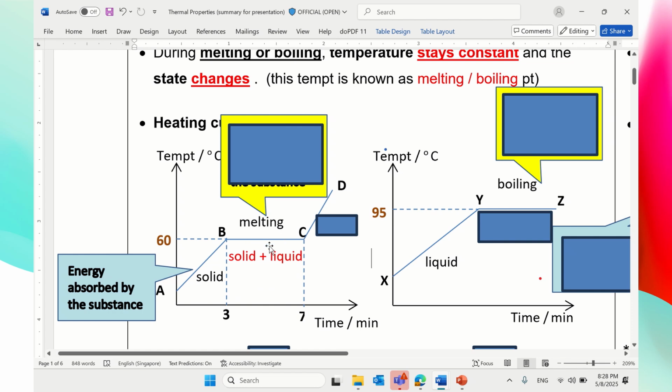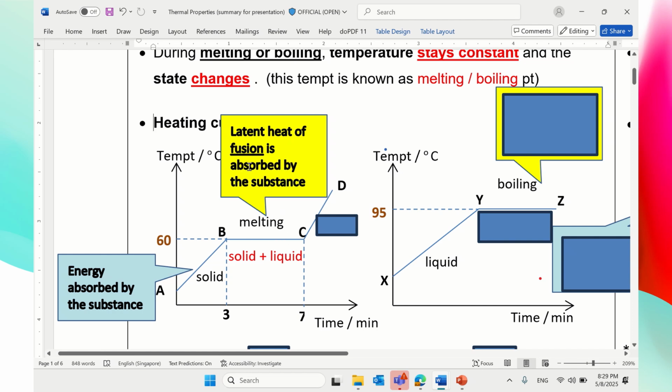During this melting process, heat energy is also absorbed by the substance, this mixed substance of solid and liquid. But now we don't call it heat energy, as you all learned in the previous topic. Now this energy is known as latent heat of fusion. So latent heat of fusion is absorbed by the substance as melting occurs.